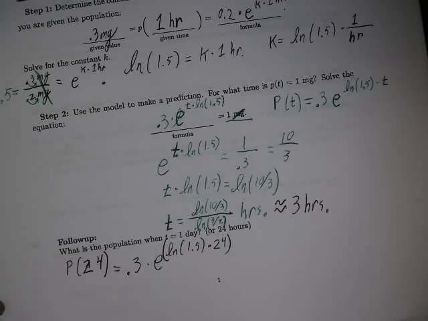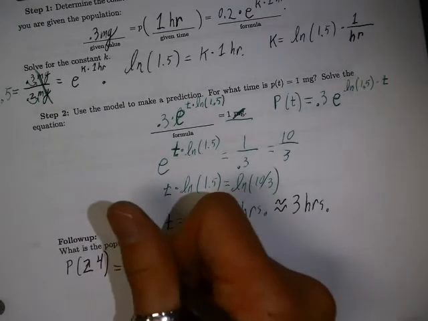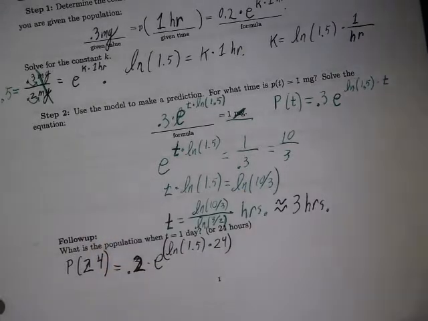Are you using 0.3 instead of 0.2? Wasn't 0.2 the initial population, but you're using 0.3? I was admitting my mistake, but trying to dodge it by saying I don't know what you're talking about, then going over and fixing it. It's 0.2. Okay, so then the answer in step 2 is 0.3 hours then.